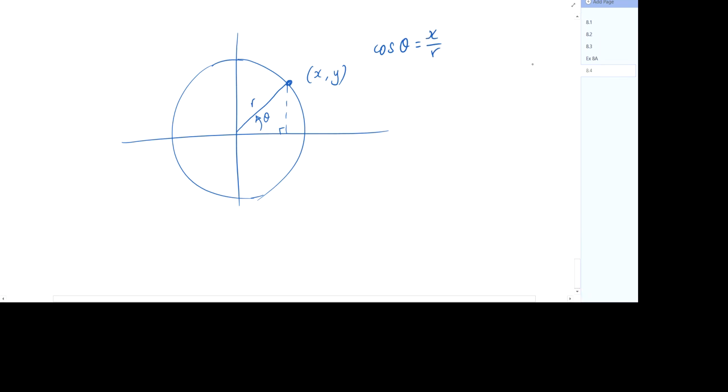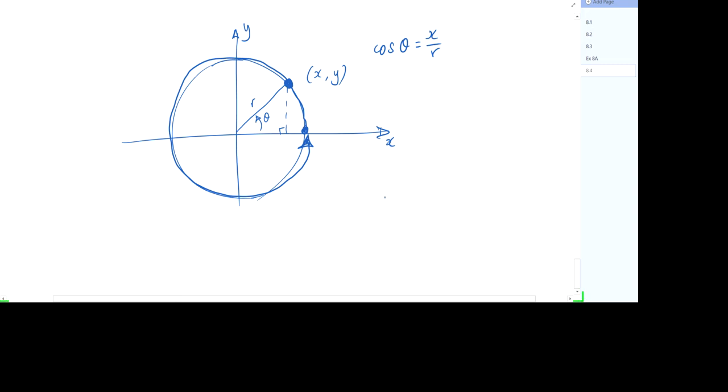Okay, what is the maximum possible value of x? In this case, your x can range on your x-axis, right? This point can shift. It can start from here and go all the way around the circle. As it travels one entire circle, what is the largest value of x?